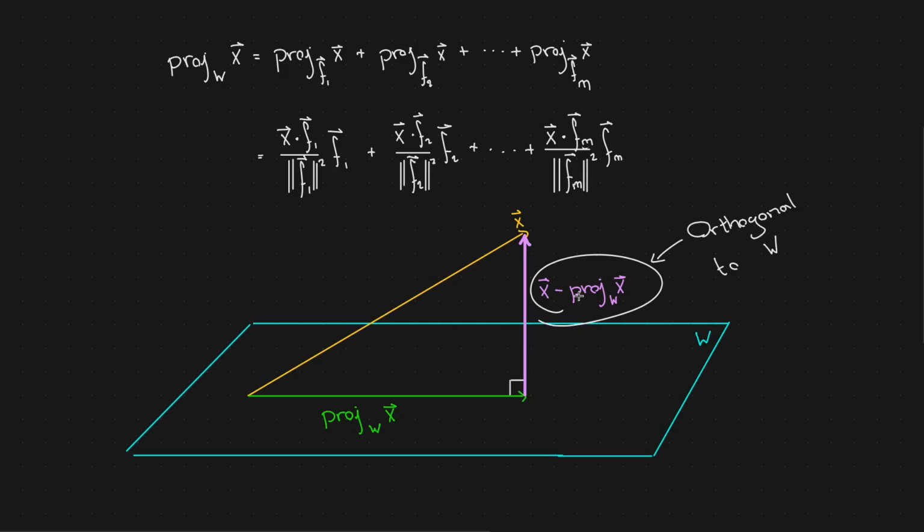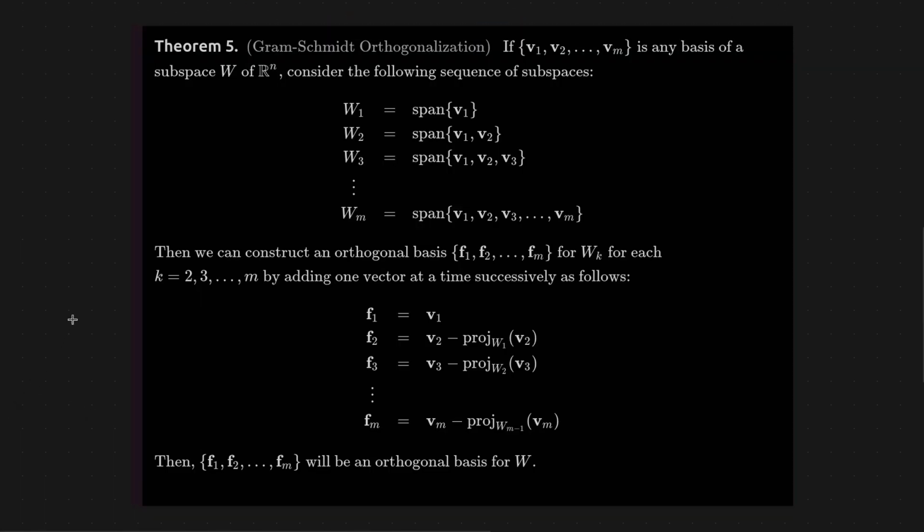To do so, we are going to use an algorithm called the Gram-Schmidt orthogonalization algorithm. It is summarized here, and it looks complicated, but it's a step-by-step process that once you understand it is fairly intuitive.